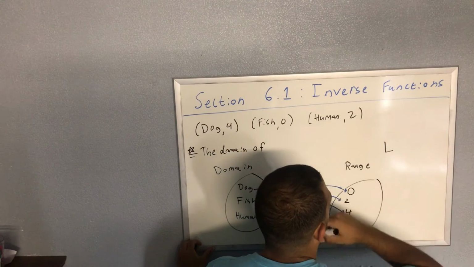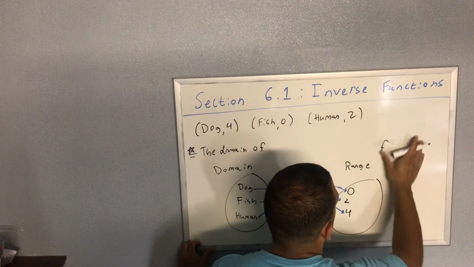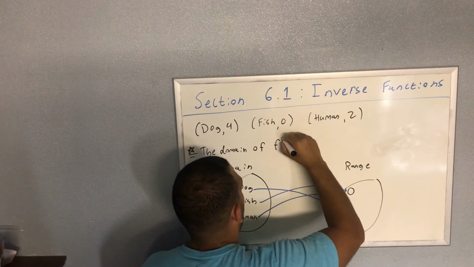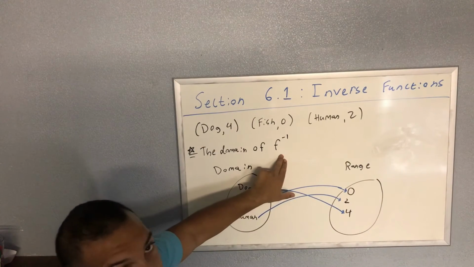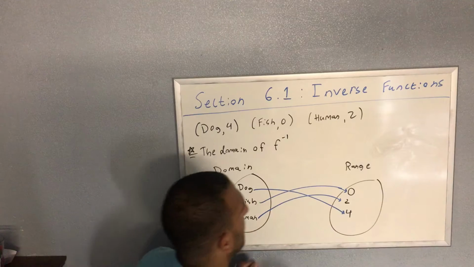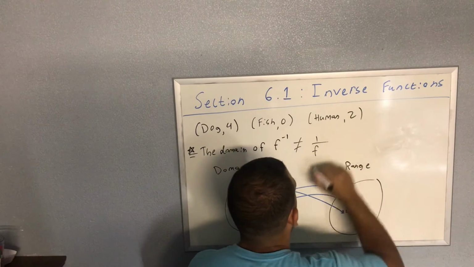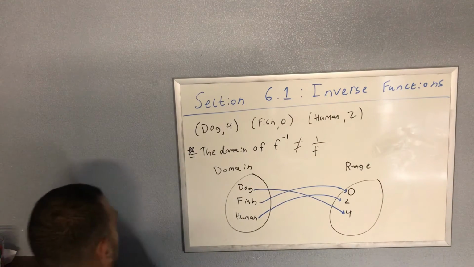We wrote capital L. But in general, we just think of it as f. We write f for an arbitrary function. We write the inverse as f with a -1 here. This does not mean the reciprocal of f. So this is not equal to 1 over f. The inverse function is not 1 over f.